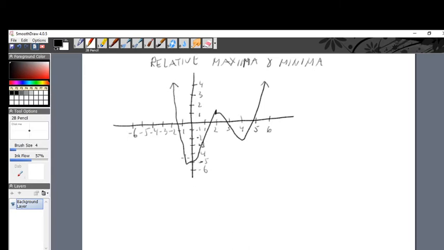So, where is the maximum on this interval right over here? Where are the maxima, and where are the minima? So this is the highest point on the interval, this interval right over here. The highest point is the maxima.